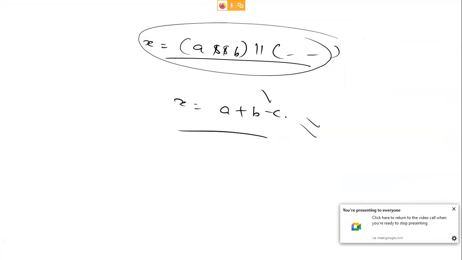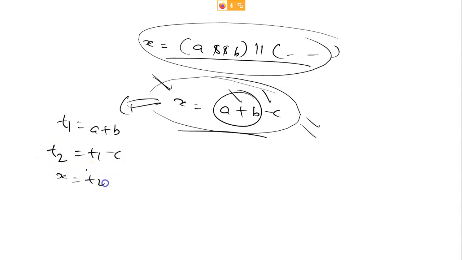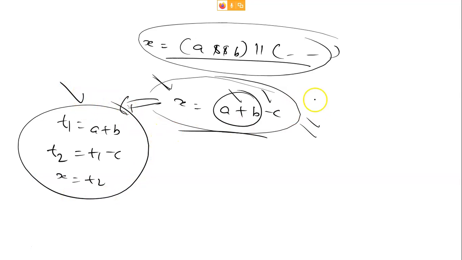In the three address code we don't have these types of confusions. Let's assume your programming language will do the plus first and then the minus. Then, since your compiler is written for your programming language, when it converts this high level statement into three address code, it will first calculate A plus B and store it, T1 equals A plus B. Then it will do T1 minus C and store it in some T2, and then X equals T2.